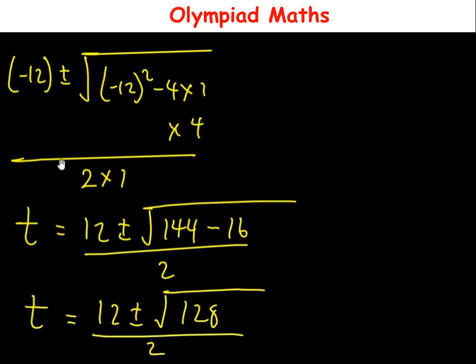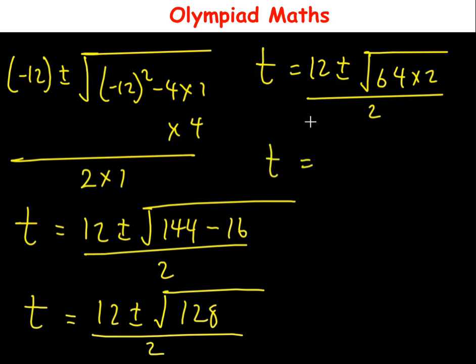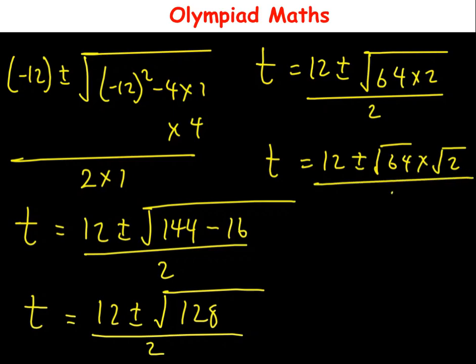From here, t is equal to 12 plus or minus, we can write root 128 as root 64 times 2, over 2. This can be written as root 64 times root 2, all over 2.